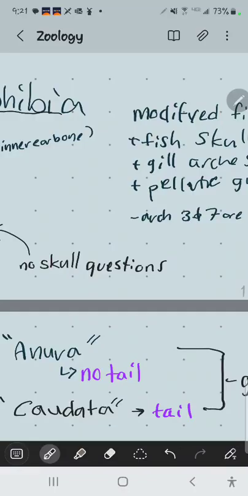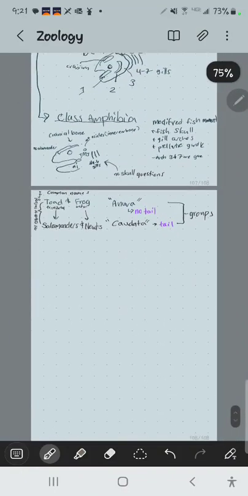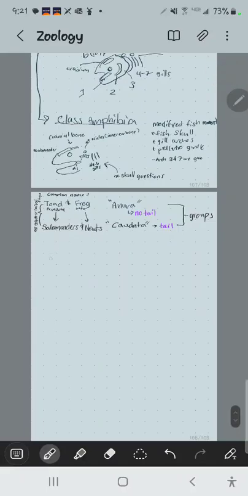Let me just go ahead and jump to what it means to be a reptile versus a bird. And this is a really interesting, confusing thing. So this whole group of what makes up the reptiles and birds and the mammals, let me go back to our classification list here. This whole group, Reptilia, Aves, which are the birds, and the Mammalia, they're all classified based on having an egg that can survive on land without water.